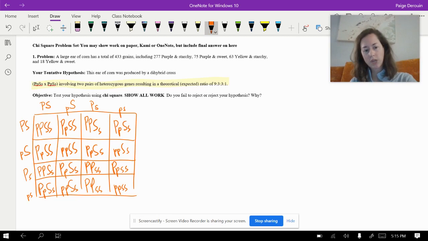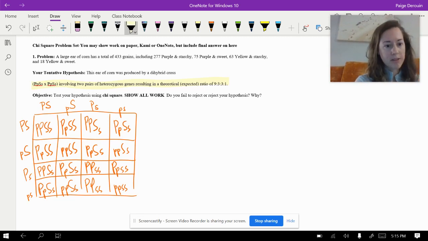Okay. Now you can see here that you end up with the same ratio that it told you that you were going to end up with. So you have 9 that are dominant for both traits, which I'm highlighting now.